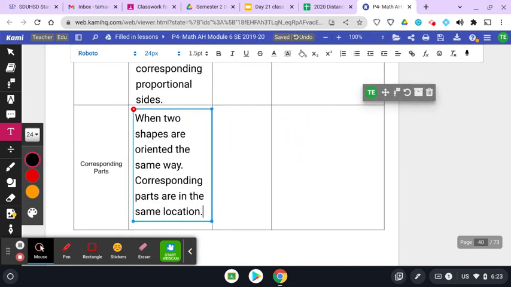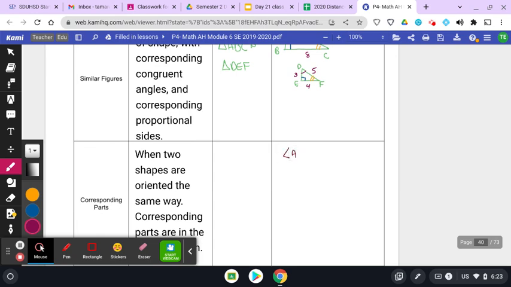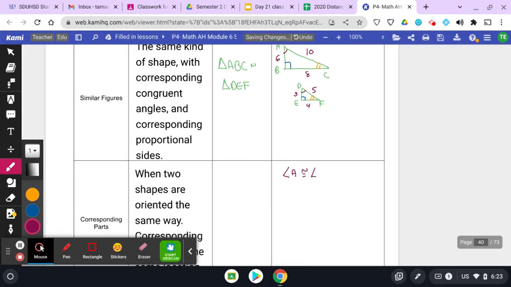Okay, so there's no shorthand for that, but just looking at what we did before. Angle A corresponded to angle D, and angle B corresponded and was congruent to angle E, and angle C corresponded and was congruent to angle F. If I built this, AB on the bottom of my fraction, AC and BC, I would write my ratios where they line up.